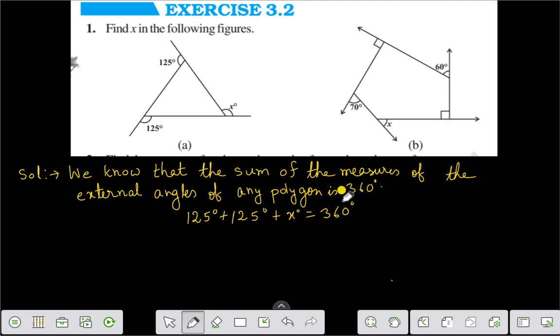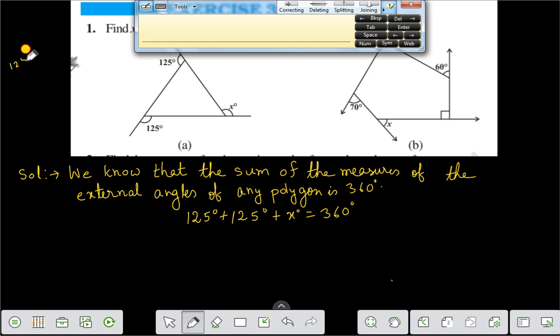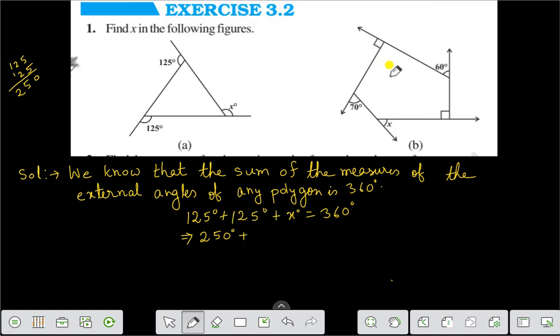degree. We add this one, that is 125 plus 125. You are getting 5, 5, 10, carry 1, it is 0, 2 to 4 and 5, that is 250. So we are getting here 250 degree plus x degree is equal to 360 degree.